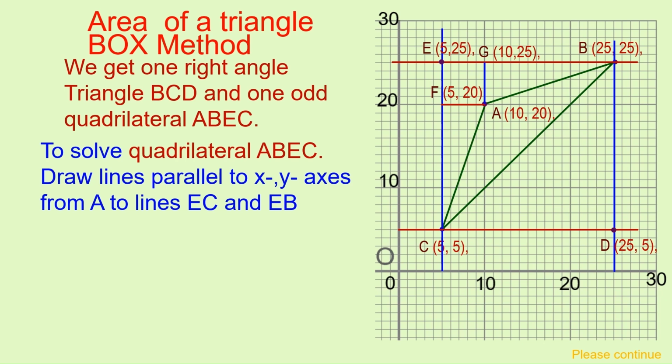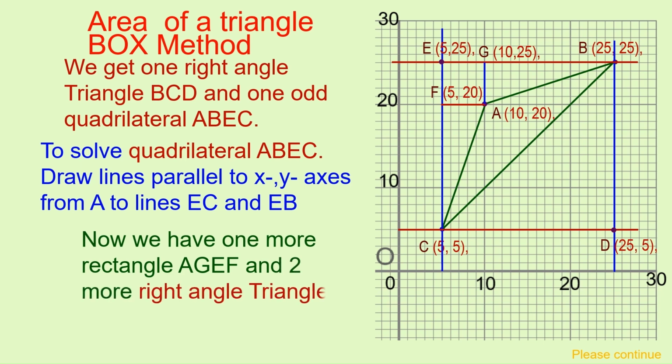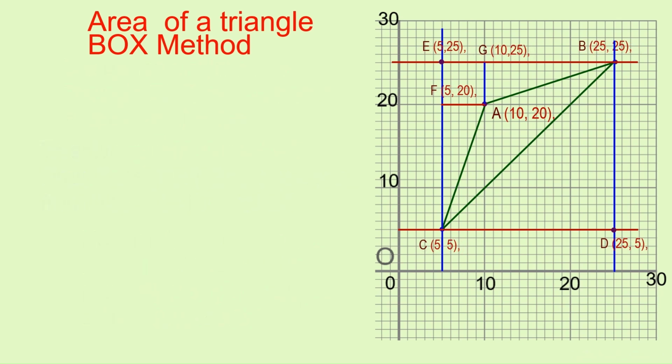Now we have, within quadrilateral ABEC, one rectangle AGEF, and two more right-angled triangles BGA and ACF.